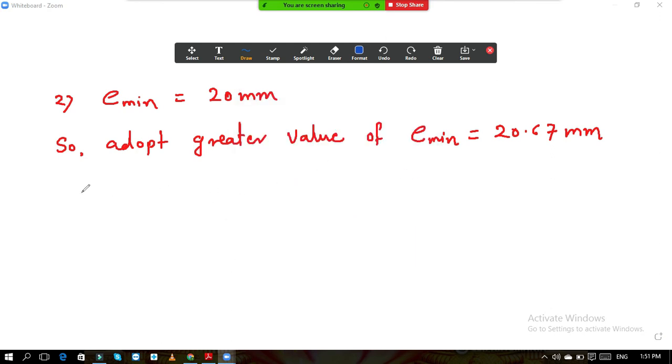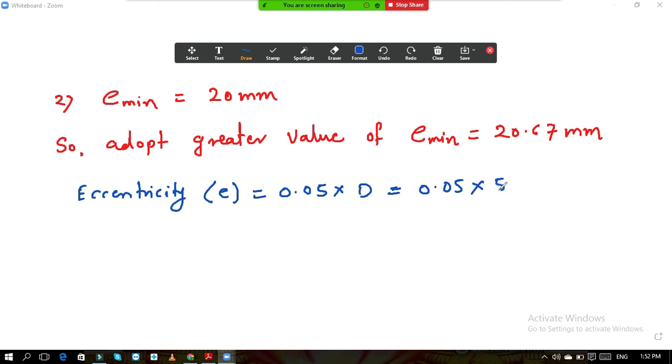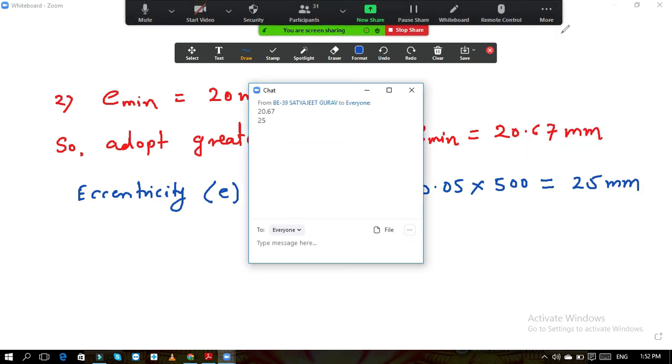Eccentricity e is equal to 0.05 into D, so 0.05 into 500, which is equal to 25.